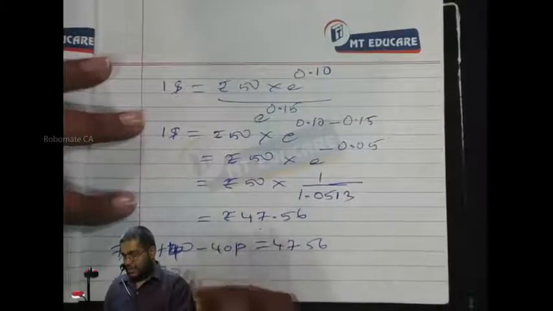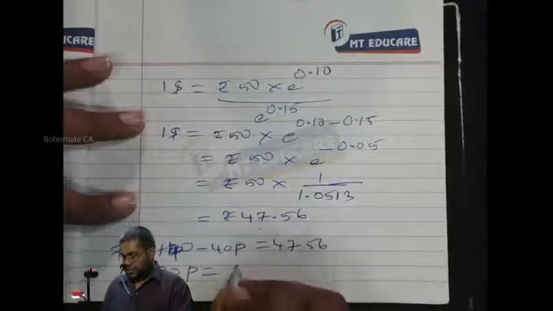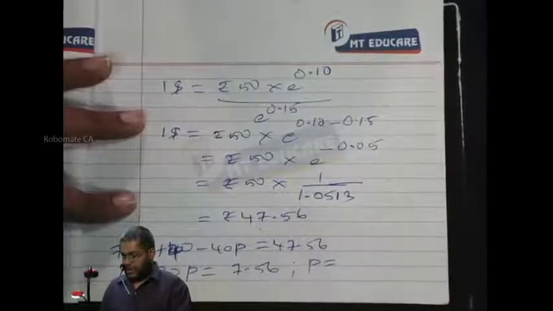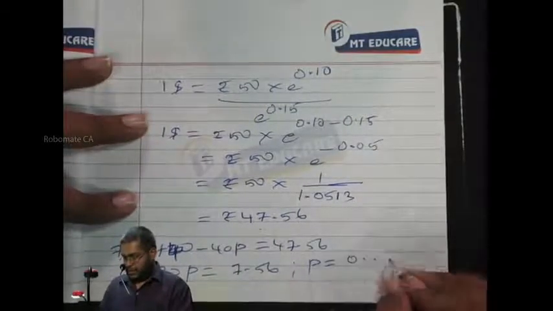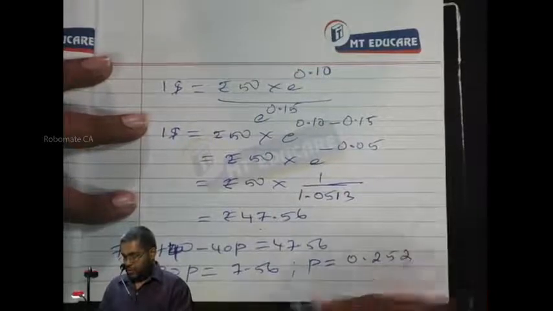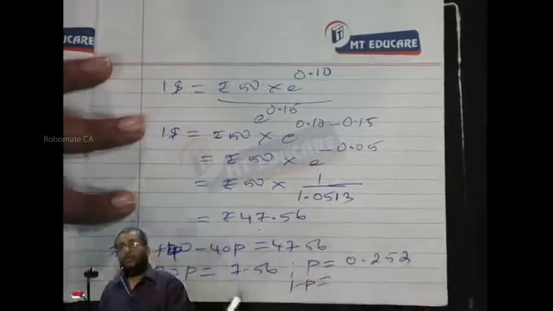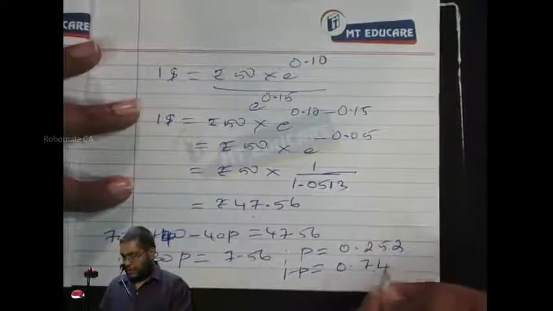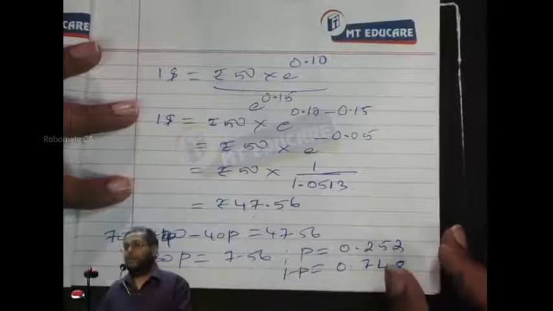That means 30p is equal to 7.56. What is the probability? Probability is equal to 0.252. 1 minus p is equal to 0.748.